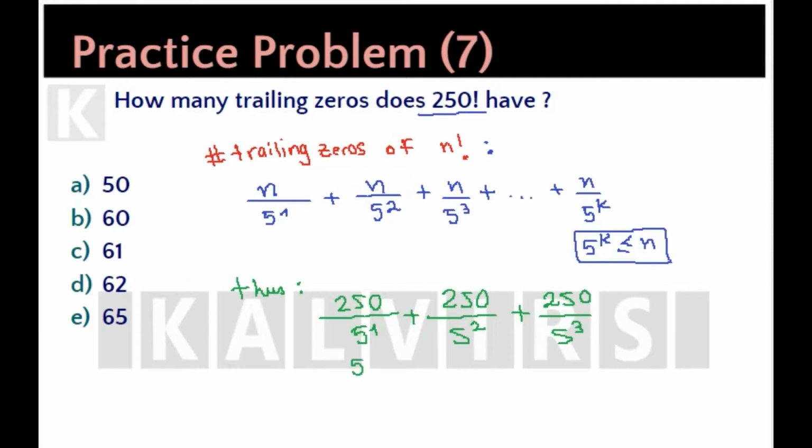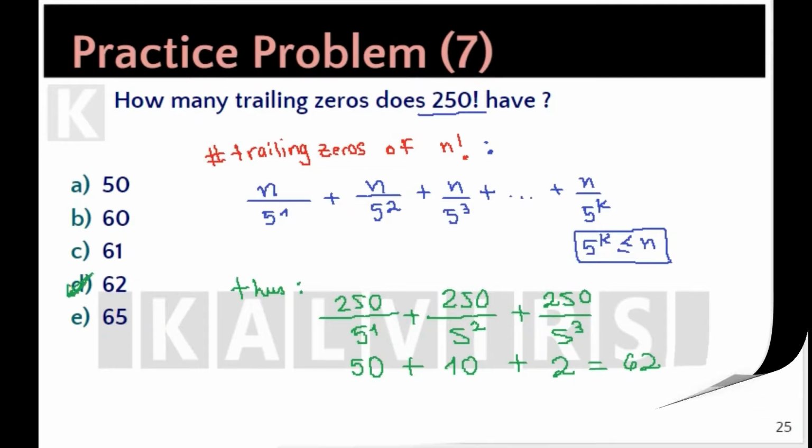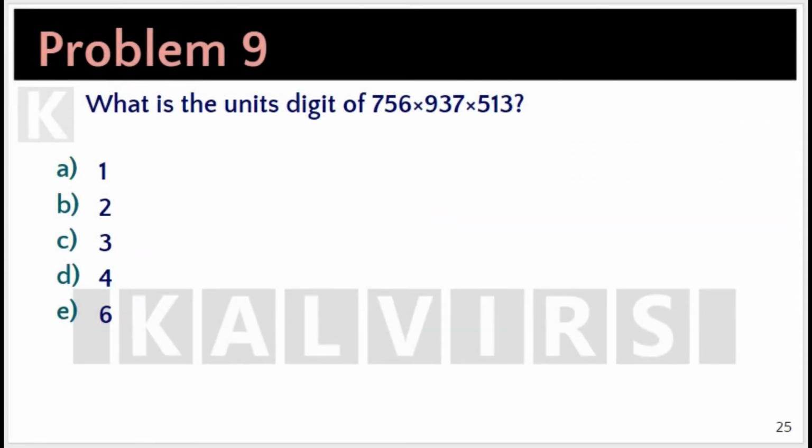Finally, this is 50 plus 10 plus 2. Finally, 250 factorial has 62 trailing zeros. Choice D is correct.